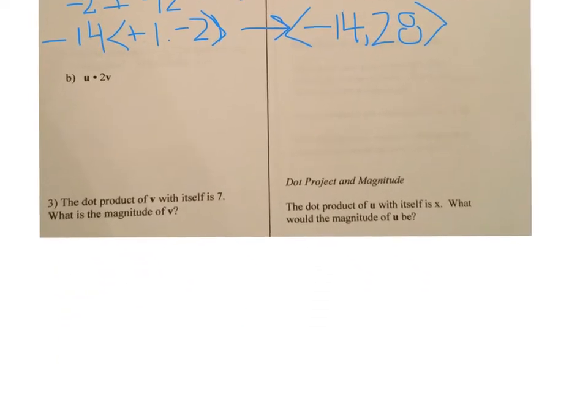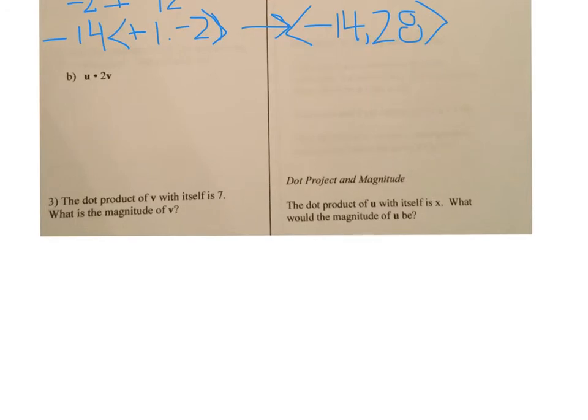So if I go to do this problem, I'm going to do the 2 first, like I said. So I'm going to do 2 times vector v, which was 2, negative 4. And so that's going to get me a vector of 4, negative 8.